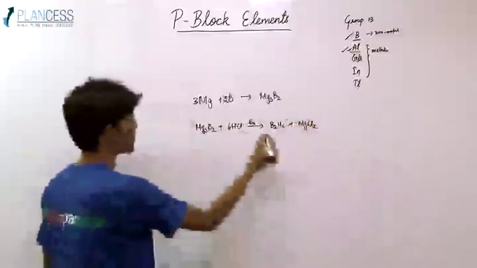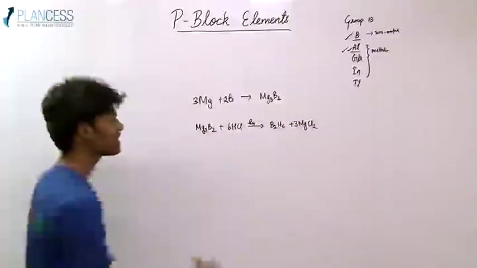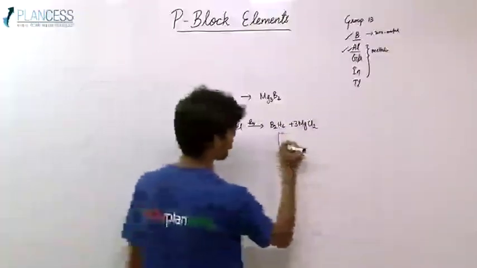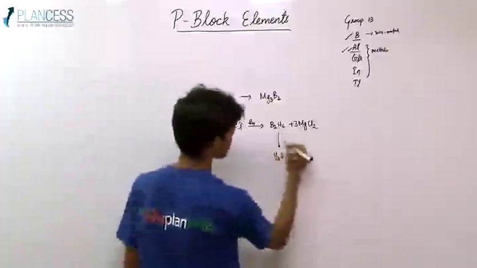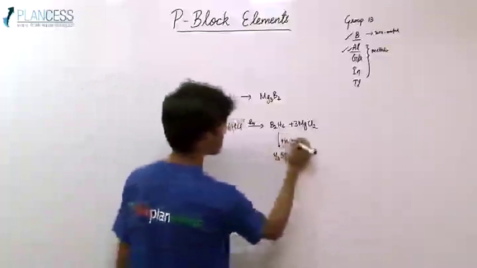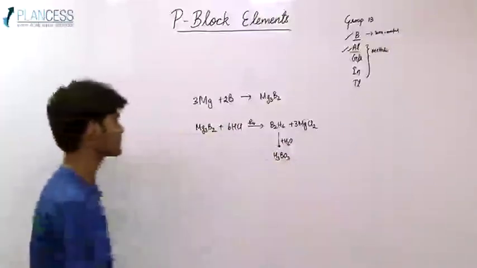So it would be 3 MgCl2 and B2H6. B2H6 on further hydrolysis, that is on addition of H2O, gives H3BO3. So this is again boric acid, also called orthoboric acid.